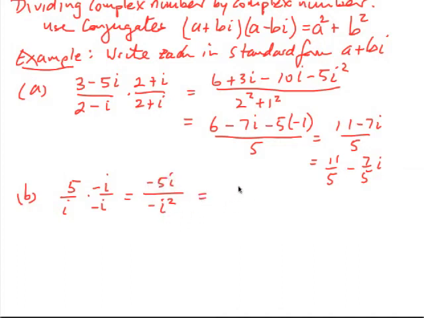So of course, what is i squared? Well, it's negative 1, so I get negative 5i over negative of negative 1, so I end up with negative 5i over 1, which is equal to negative 5i, which is 0 minus 5i if we want it in standard form.